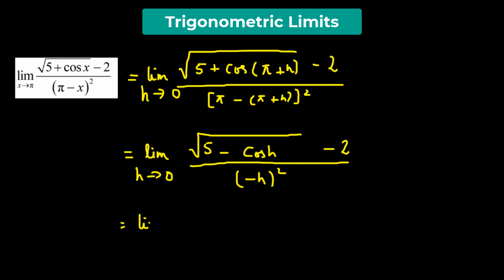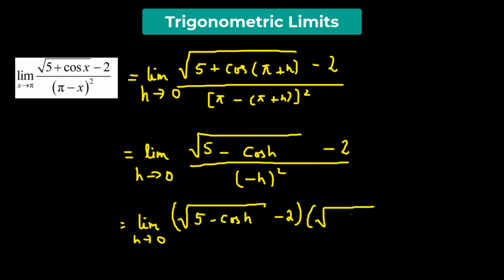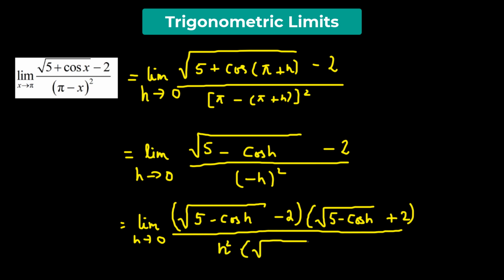Now we're going to rationalize the numerator. So we have the limit as h approaching 0 of the square root of 5 minus cosine of h minus 2, whole multiplied by the square root of 5 minus cosine of h plus 2, divided by h squared times the square root of 5 minus cosine of h plus 2.